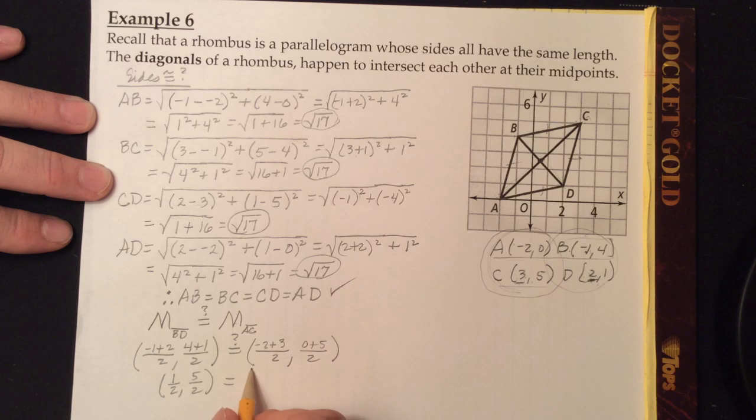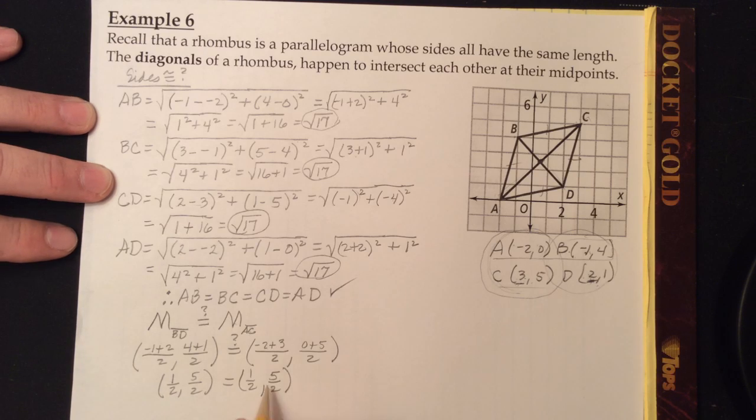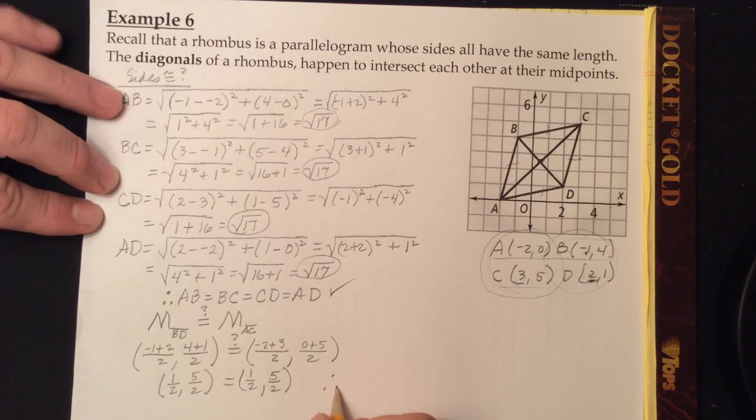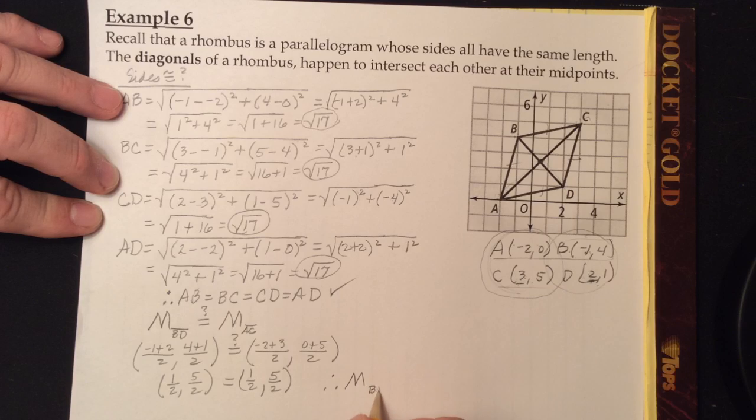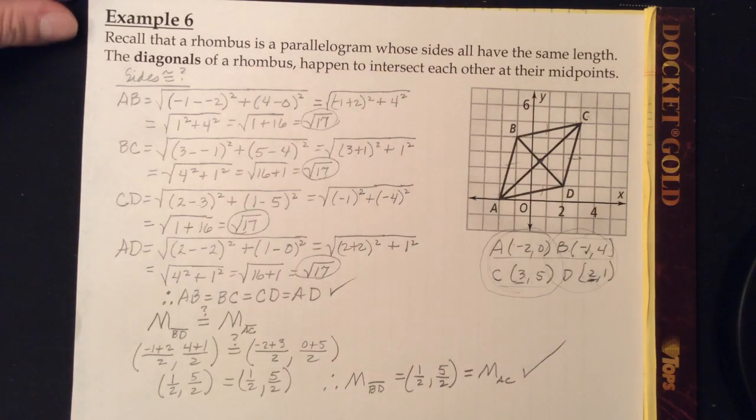Negative 2 plus 1 is 1/2. 0 plus 5 is 5 over 2. So we end up getting the same midpoint. Therefore, the midpoint of BD is equal to 1/2, 5/2, which is also equal to the midpoint of AC. All of this is what you show on your paper to verify that it's true.